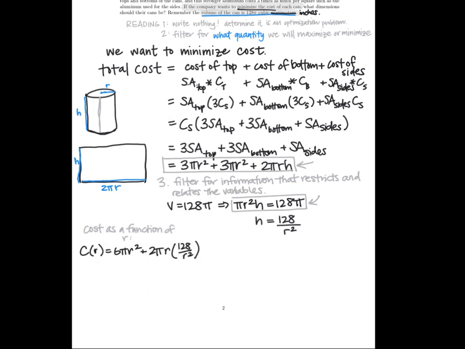I want to take a moment to call out a common mistake that's made in this step. Be very clear with what you're doing through these first two steps. This equation up here that is modeling cost that will ultimately turn into a function of one variable, this is the quantity you're seeking to optimize.